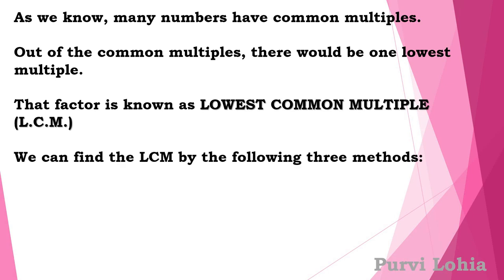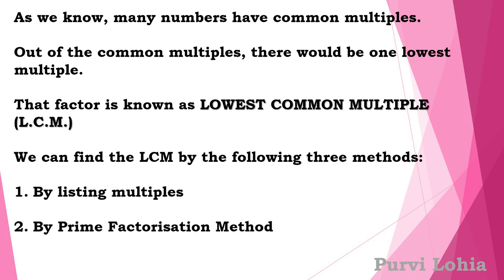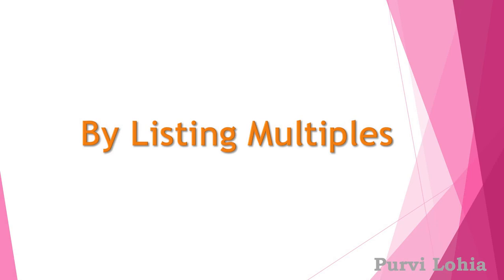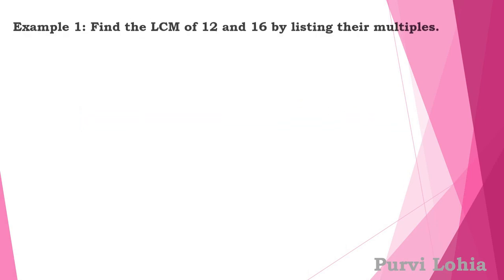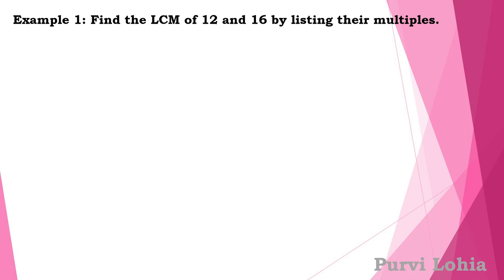Okay, we can find the LCM by the following three methods: by listing multiples, by prime factorization method, and by division method. So we will learn all three one by one. So the first one is by listing multiples. Example 1: find the LCM of 12 and 16 by listing their multiples. So let us list the multiples of 12.